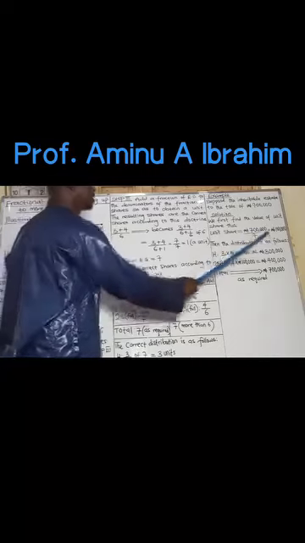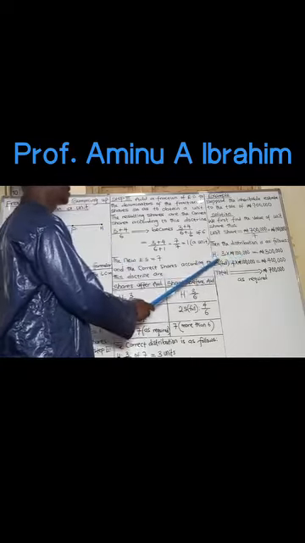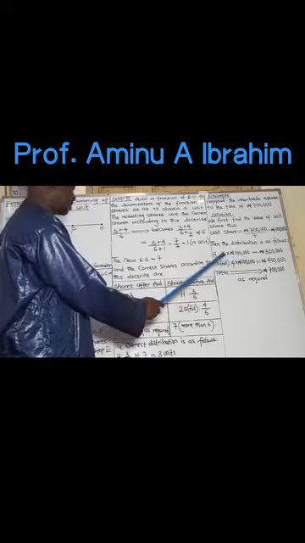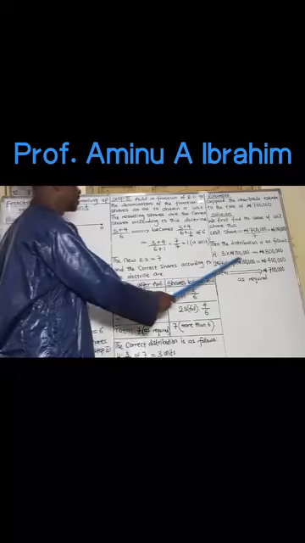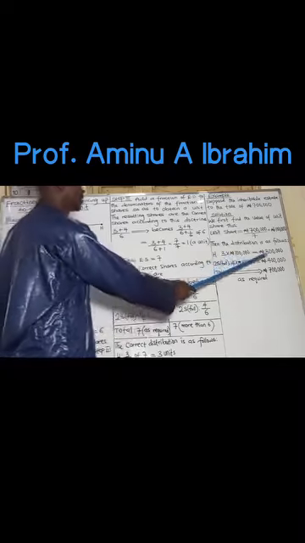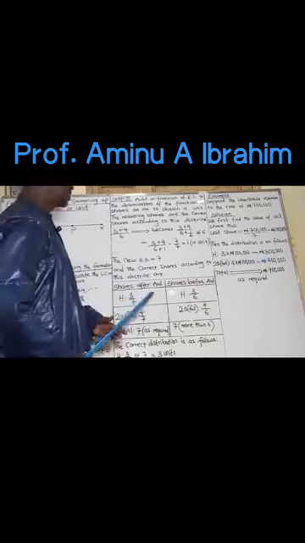Then the distribution is as follows. The husband is going to claim 3 times 100,000. Remember, the claim of the husband is 3 units, and the value of each unit is 100,000. So it is 3 times 100,000, which will give him 300,000.